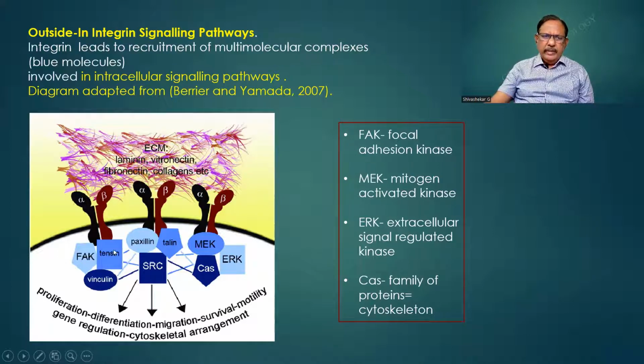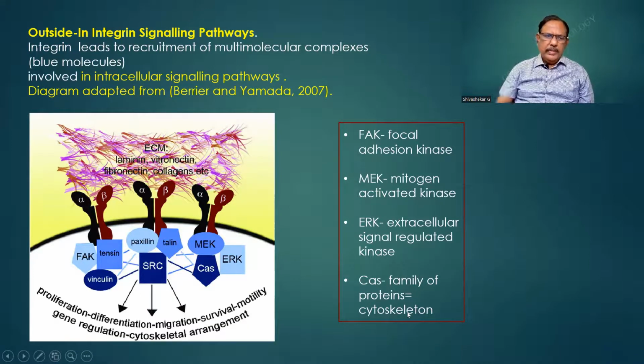And in this, we'll be finding the group of substances called tensin, paxillin, talin, etc. Some of them have been expanded over here: focal adhesion kinase, then mitogen activated kinase, extracellular signal regulated kinase, and CAS or the family of cytoskeleton.